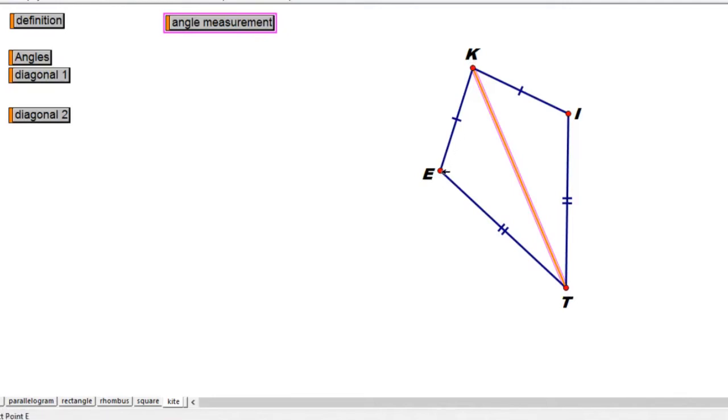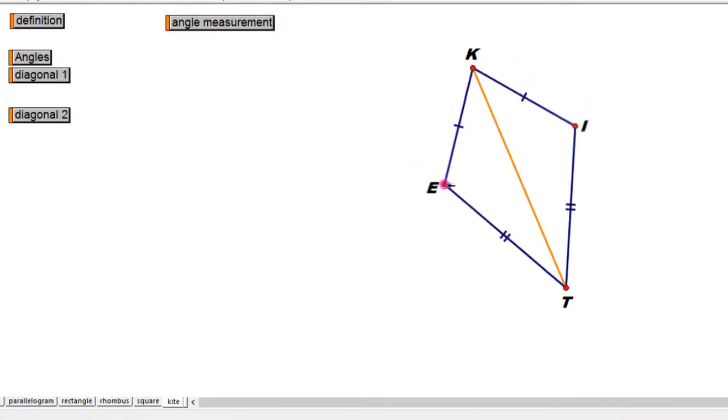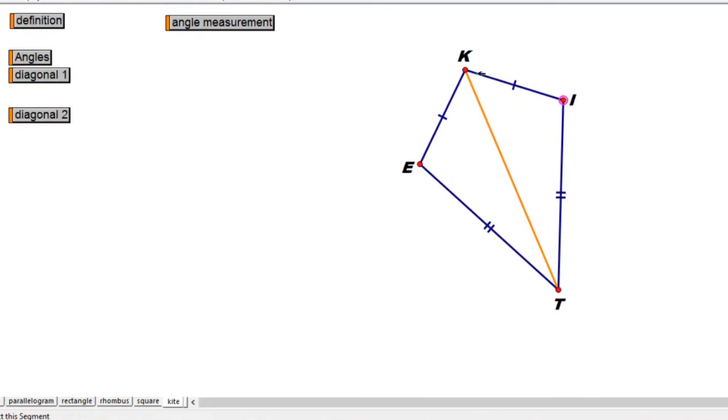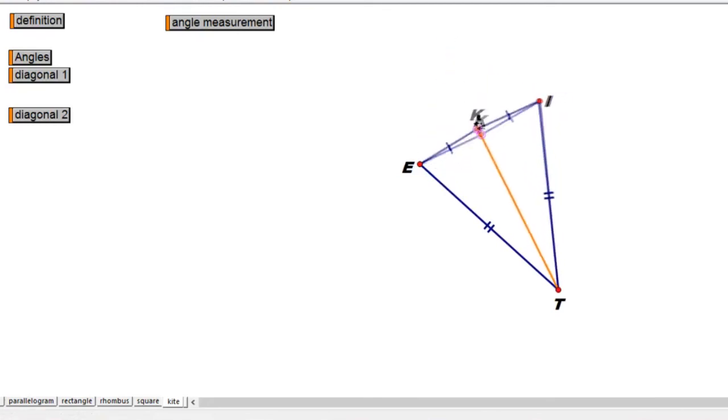If I drag any point, observe what happens to these two angles and these two angles. That's also a kite.